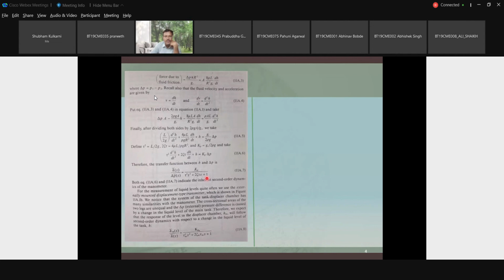Okay, so this will be the transfer function of the U-tube manometer. Agree? Students, so this is a little different from the first order system, because h is itself the deviation we are treating here. Okay, so this is the general form of our second order system.